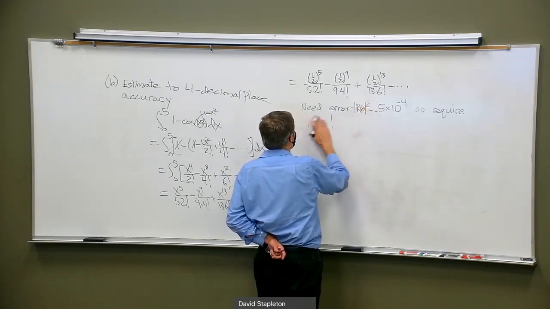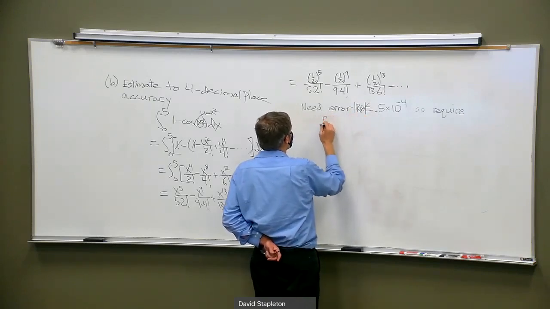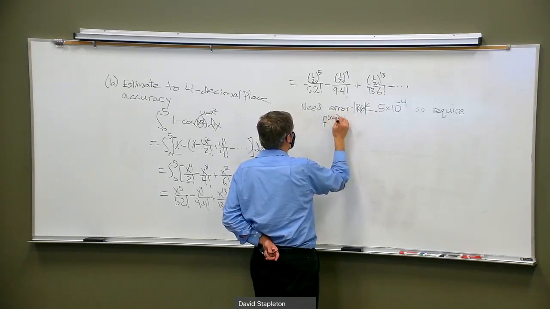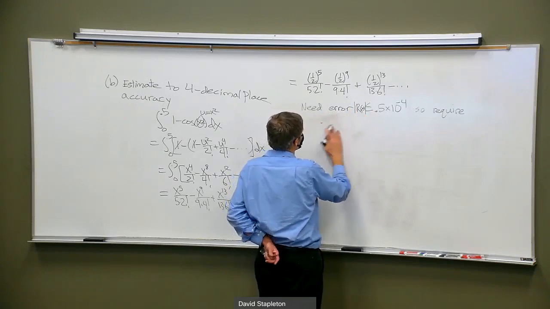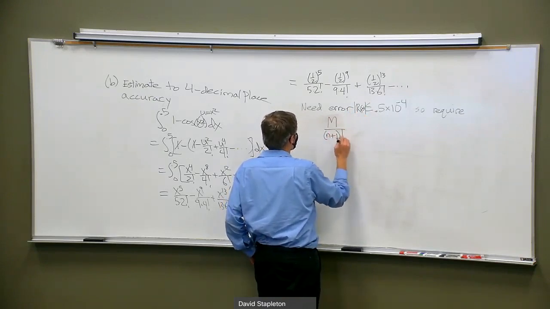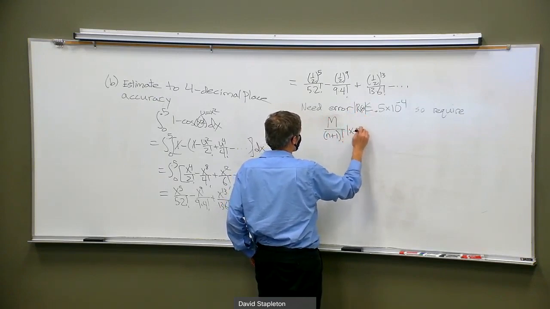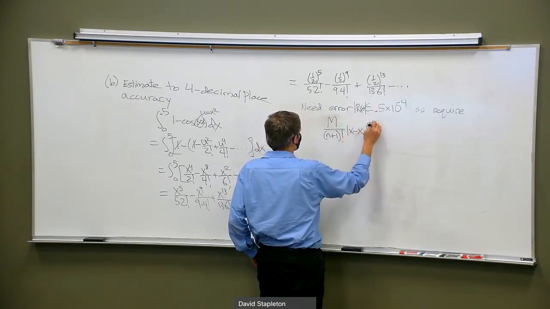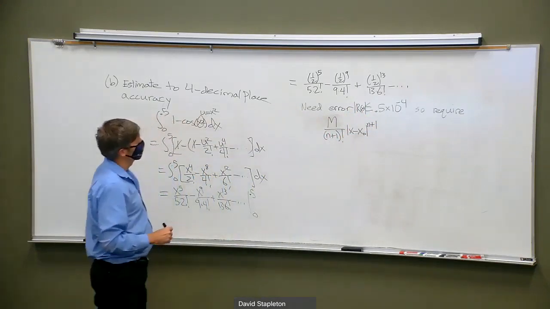Let's put the bound on Rn of x, which was f to the n plus 1, M over n plus 1 factorial, absolute value of x minus x0 to the n plus 1. That was the error bound on Rn of x.